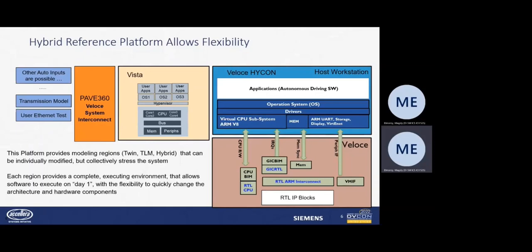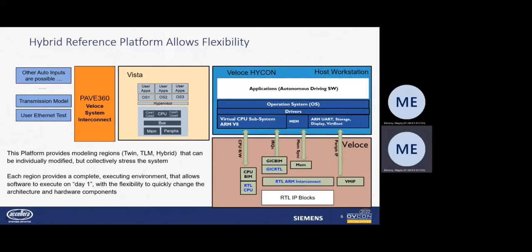Then our methodology and set of tools includes modeling peripherals and devices which are not electronic at all in the automotive region using the PAVE 360. We can model devices on the TLM level, the hybrid, which contains virtual and Qemu and RTL as well.